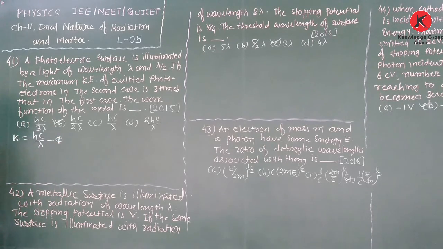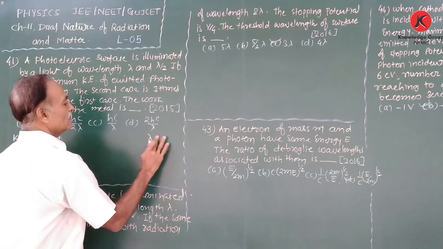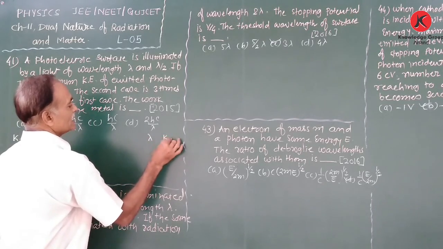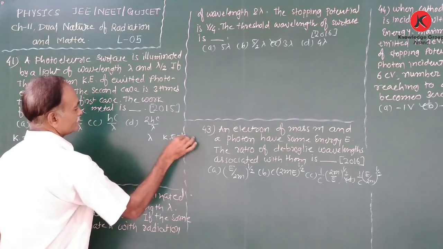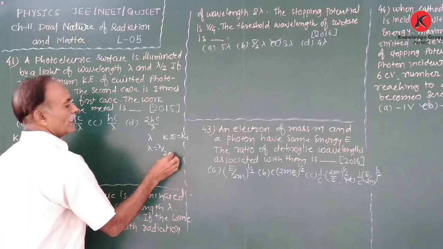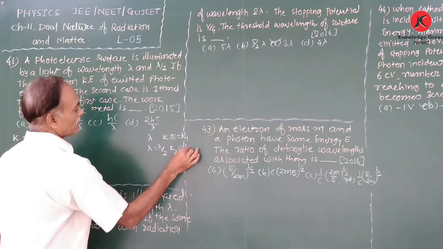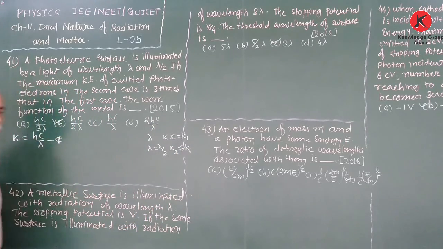In the first case, when the wavelength is lambda, the kinetic energy is K1. When the wavelength is lambda by 2, the kinetic energy K2 becomes 3 times K1.